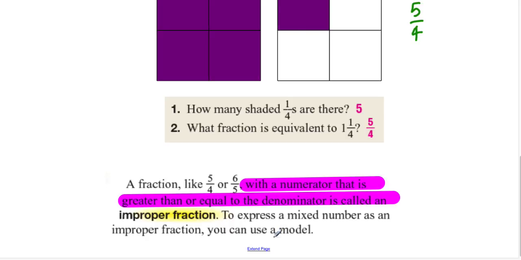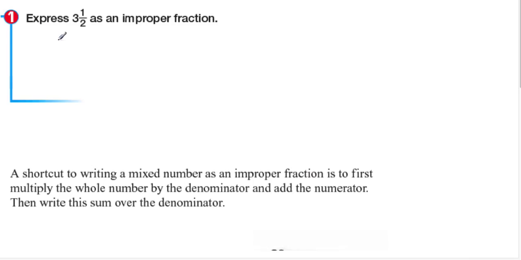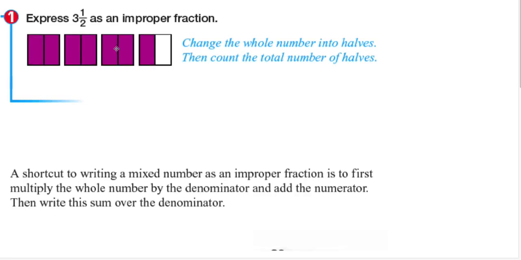To express a mixed number as an improper fraction, you can use a model. Let's take a look at example number 1. Express 3 and 1/2 as an improper fraction. This is the model that we are talking about: 3 wholes divided into halves, because the denominator is 2.